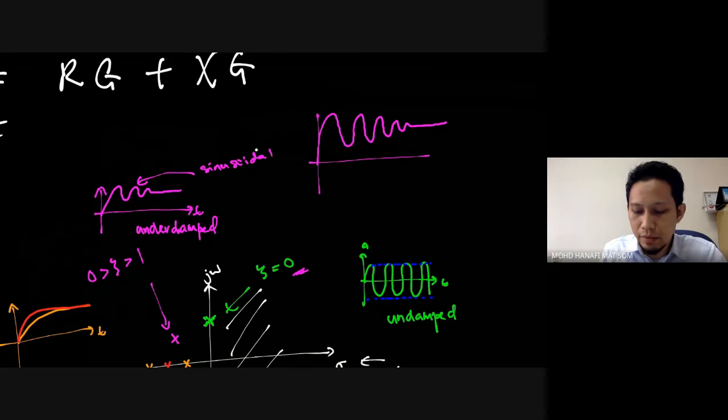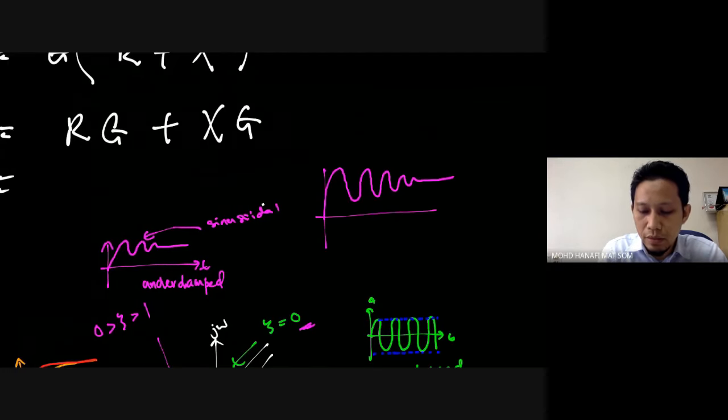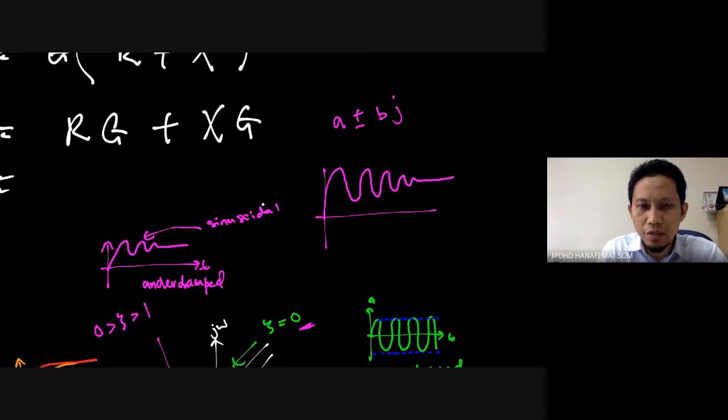Unlike the undamped, for the underdamped you have the expression A plus minus Bj. Okay, this is a complex number. So the oscillation is actually caused by this j omega.